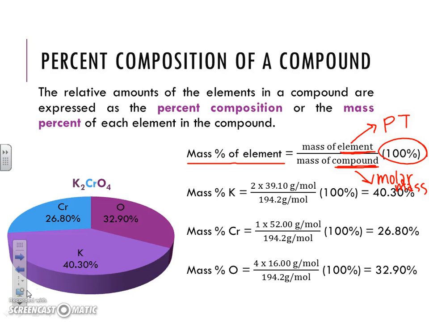So if we add up the masses of 2 potassium plus 1 chromium plus 4 oxygens, that gives us 194.2 grams per mole.